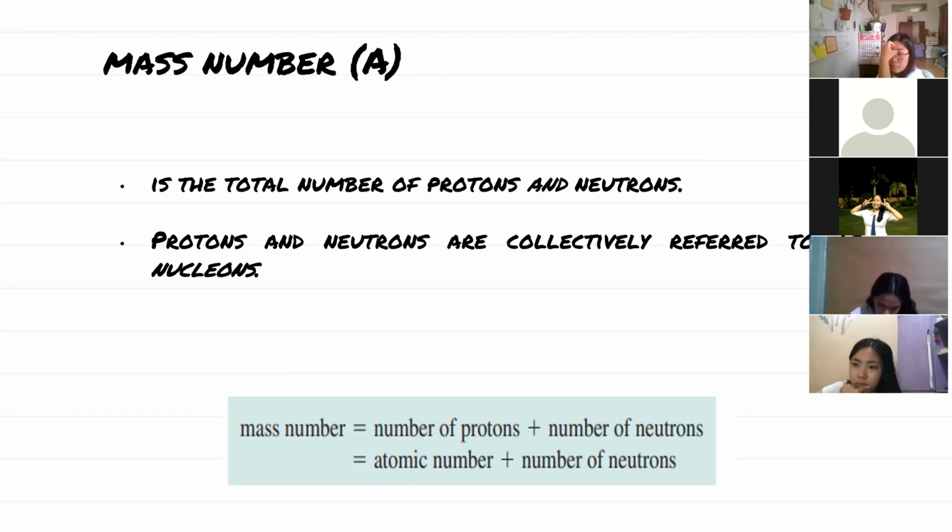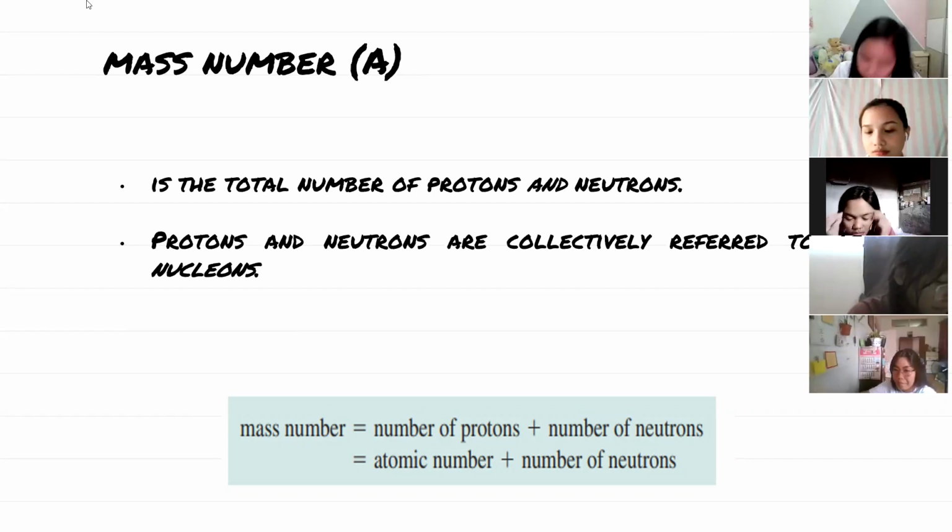Do not forget, the mass number represents the number of protons and at the same time the number of neutrons. So it is always larger, the mass number or the atomic mass.